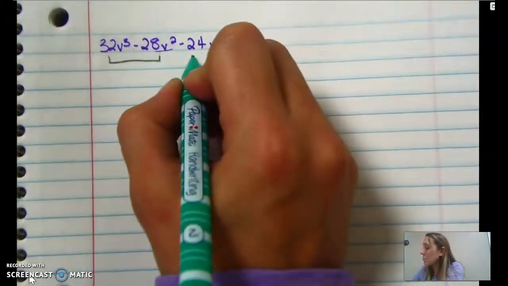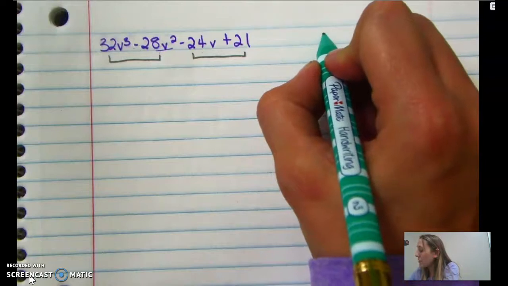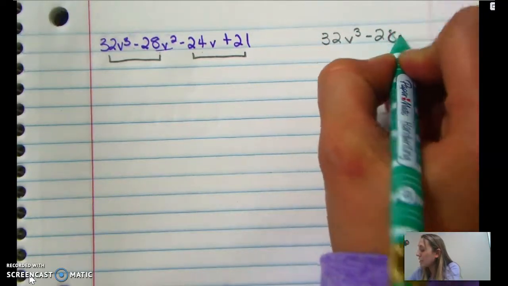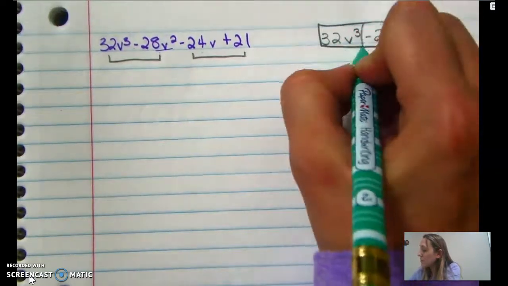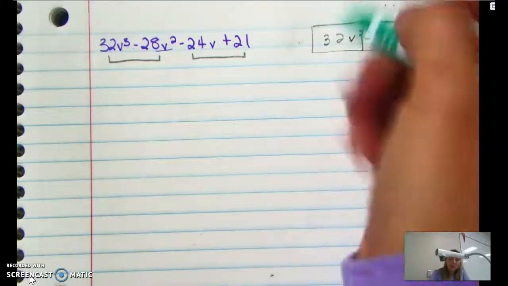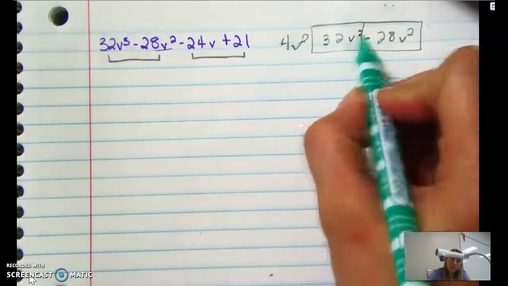So we're going to look at these ones and these ones. So we are going to do a greatest common factor between 32v cubed minus 28v squared. And the greatest common factor, okay, so we can pull out a 4v squared, right?